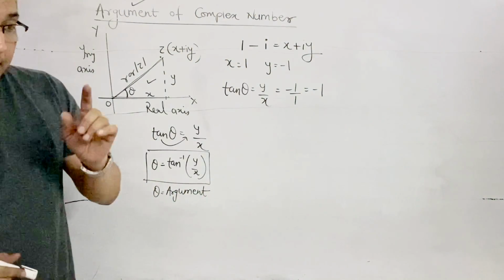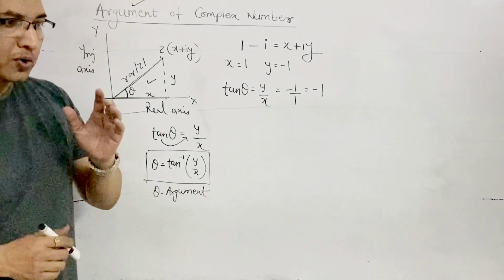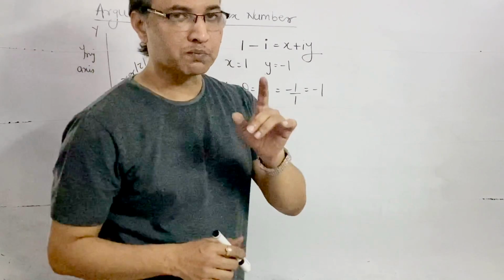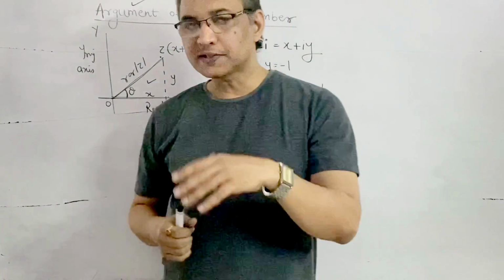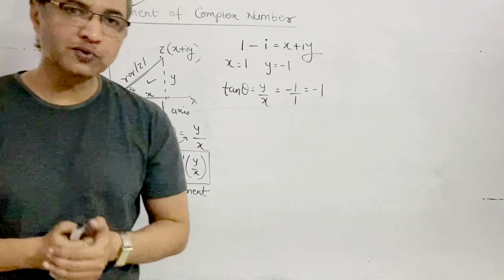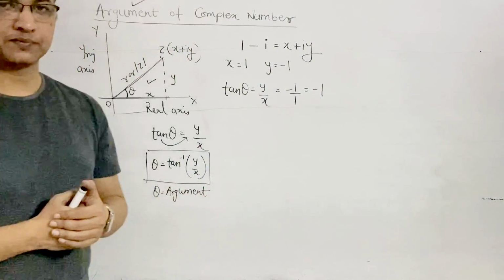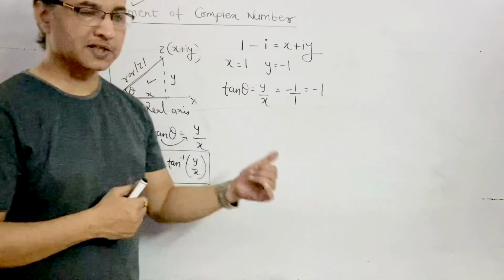But tan theta is minus 1, that you have not studied. You don't know the angle for which the value of tan theta is minus 1. You know that tan theta is equal to root 3 at 60 degree. But for what value of angle tan theta is minus root 3, that you don't know. Now let us see how we can proceed in such cases.